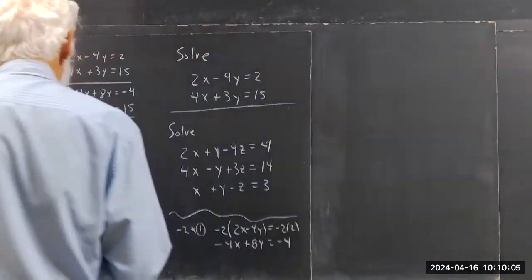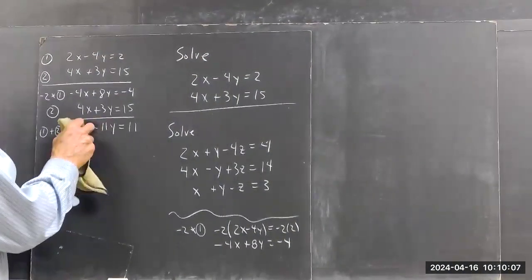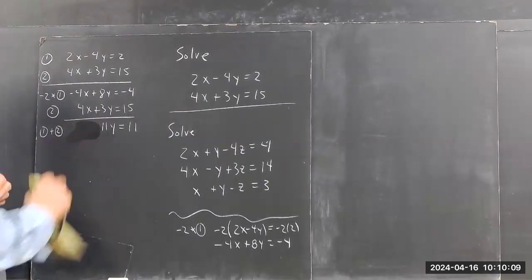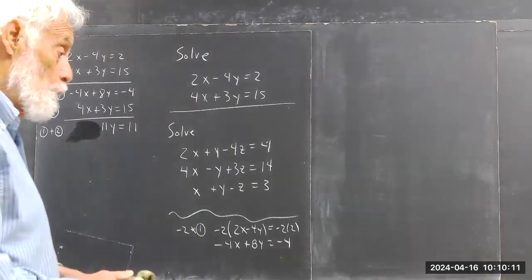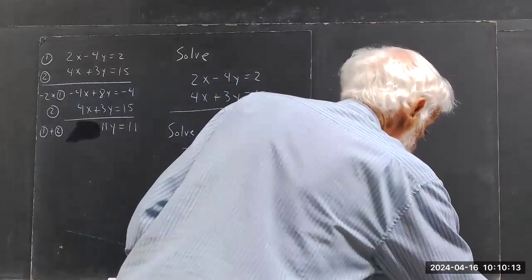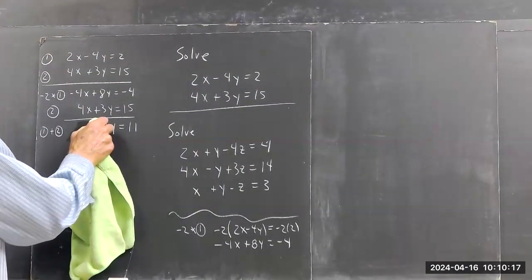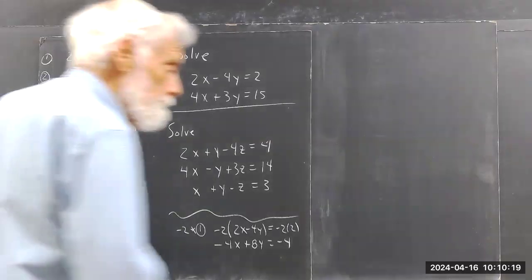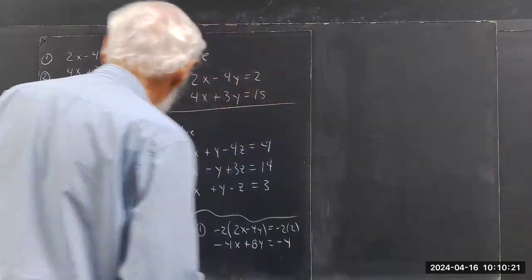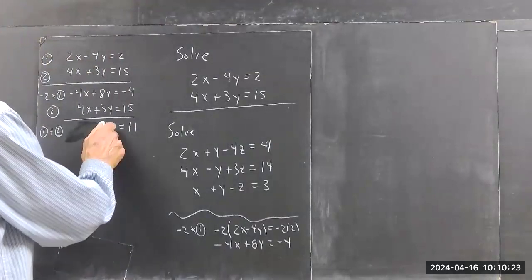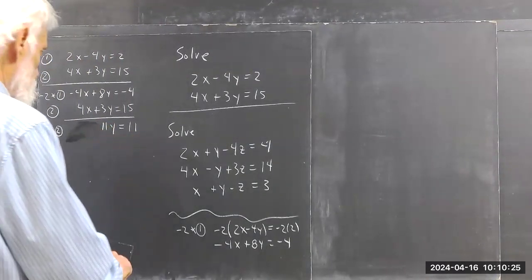Then of course, 0 plus 11y is just 11y, as if you add 0 to any number, you get that number. So we have 11y equals 11.